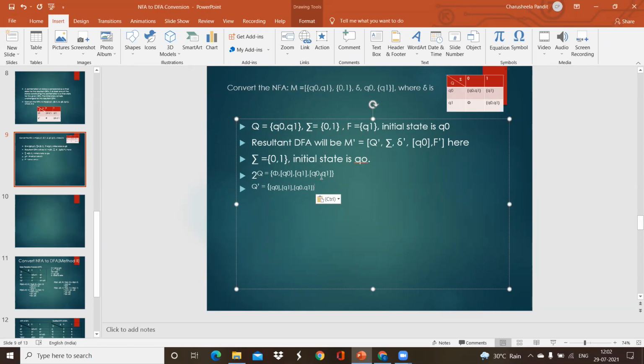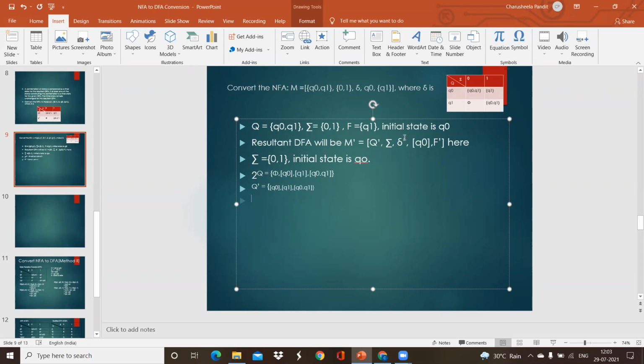Okay, now we have to compute the delta dash for DFA. So when you are computing delta dash for DFA, you have to consider all states of your Q dash and give each input symbol to all the states mentioned in the Q dash, right?